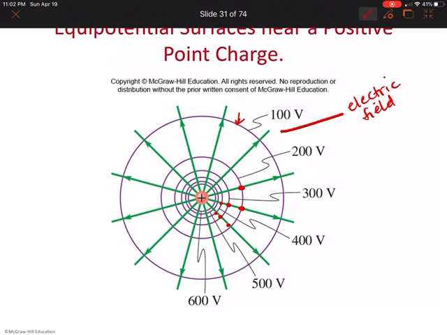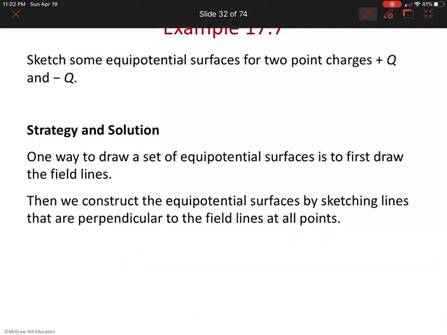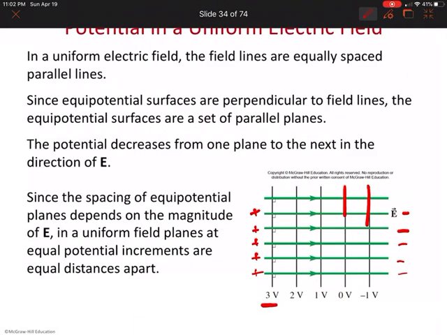Okay, and it kind of showed that, let me go back to this. See how the closer you are right here to this positive charge, it's like at 600 volts here. But the farther away that you get, so here might be your negative charge right here, you're at only 100 volts.